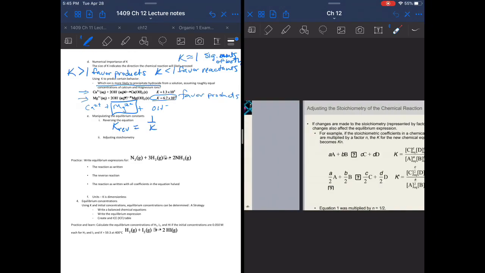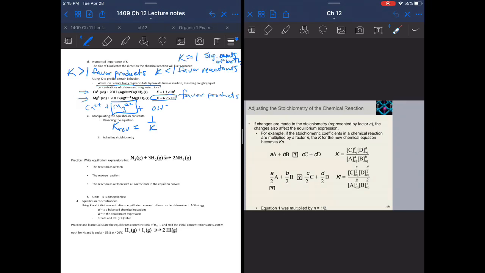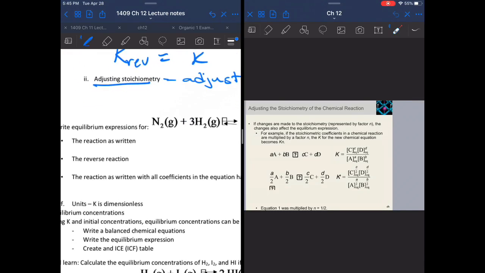If you wind up adjusting the stoichiometry, it's not that simple. You really just need to rewrite the whole equation. If you adjust the stoichiometry, it's going to adjust each exponent. All right, so let's just jump into an example here so we can see what we're talking about.